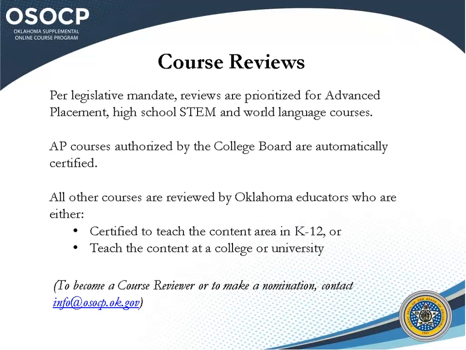Every year they have to undergo review by the College Board, and we get the letter of certification to keep that certification current. All other courses are reviewed by Oklahoma educators who are either certified to teach in the content area or teach that content at an institution of higher education.